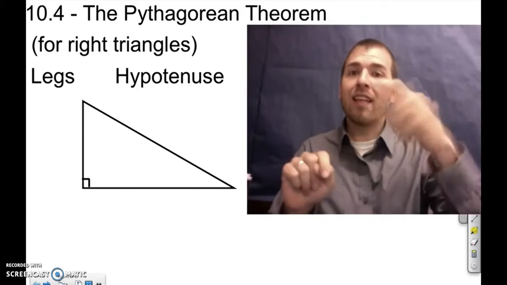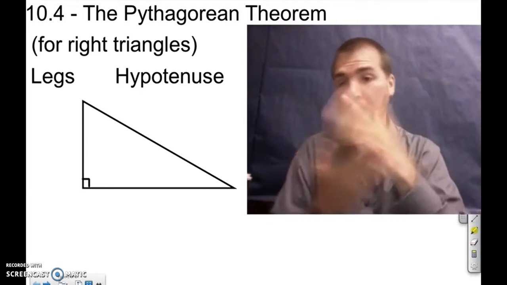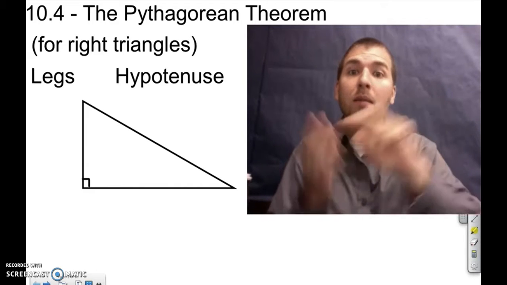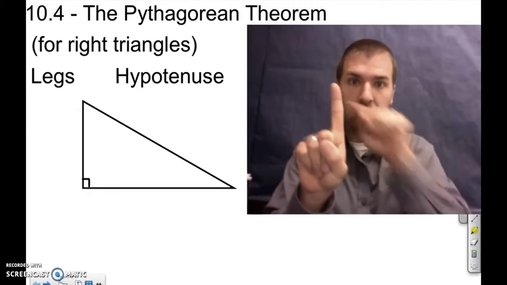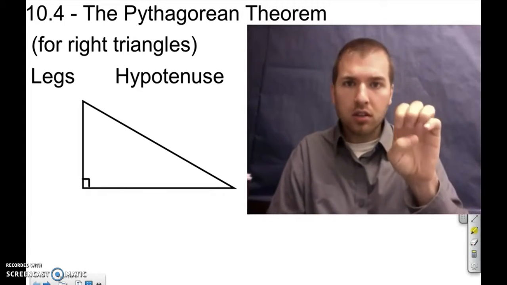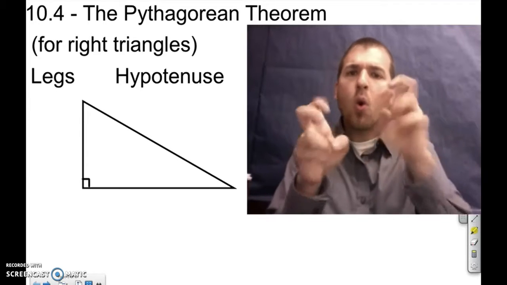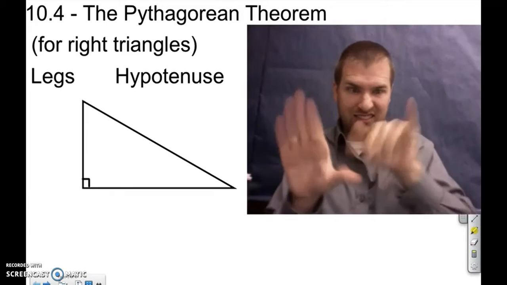There are two keywords, legs and hypotenuse. You probably don't know what these words are, but I'll explain. Legs are the sides of a right triangle connected with the 90-degree angle.